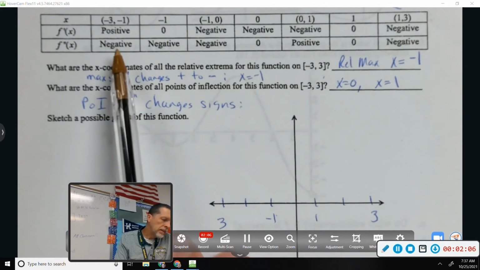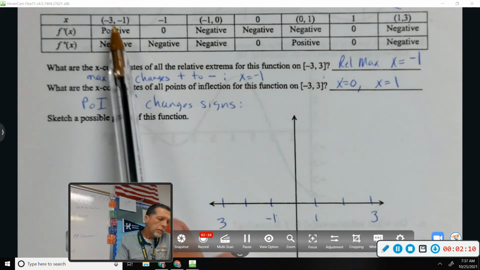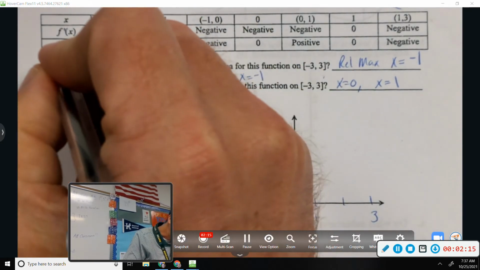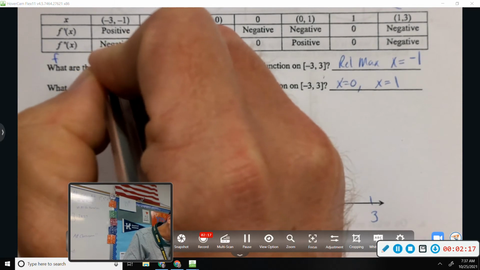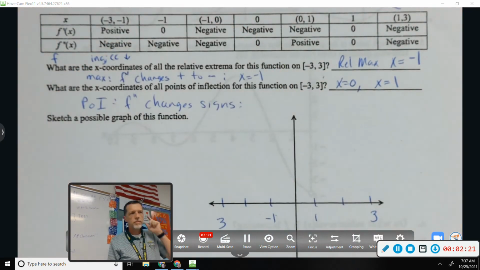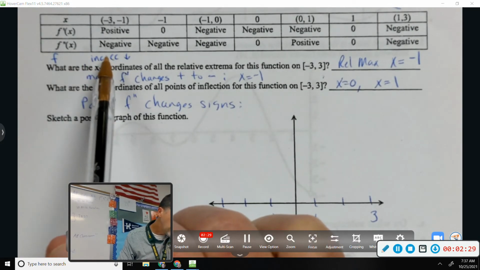From -3 to -1, we want to be positive first derivative, negative second derivative. So for f, that means we are increasing but concave down. I don't have to add a third row to this column, but maybe it helps me think about what's going on. So increasing but concave down.